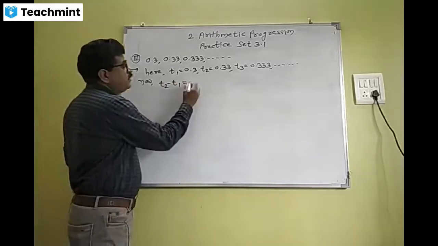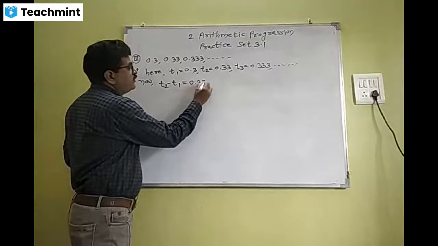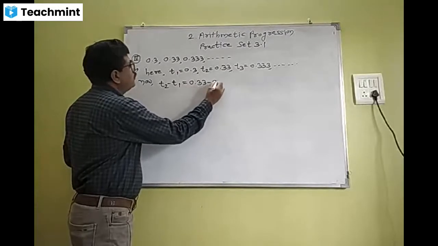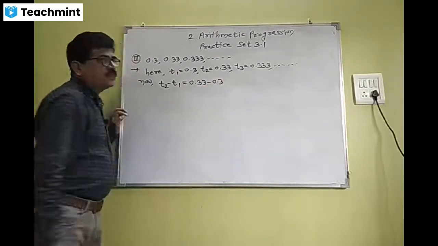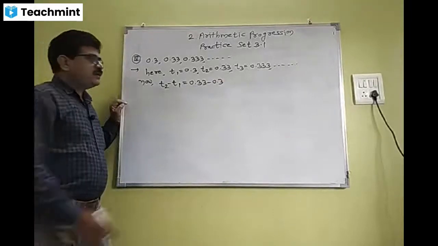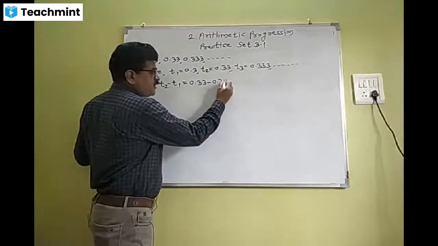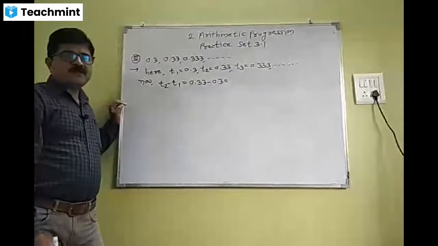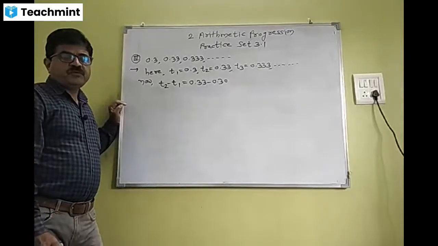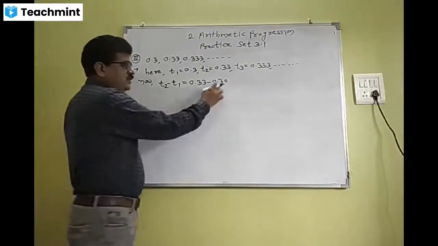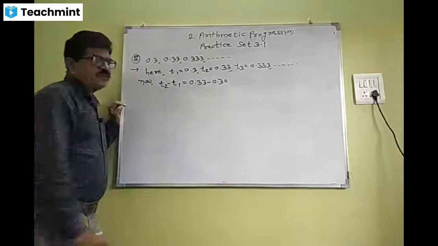Here value of T2 is 0.33 minus 0.3. Now we can write 0.3 as 0.30. काही फरक पडेल का? 0.3 म्हणजे यावर आपण किती झिरो वाढू शकतो? 0.30.